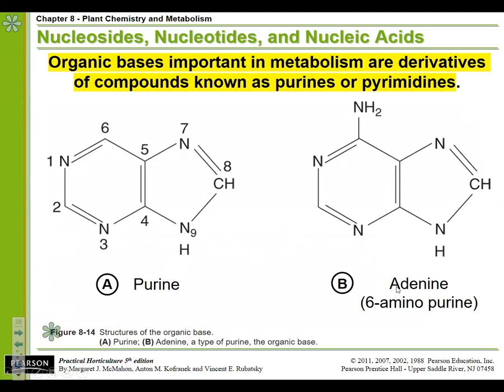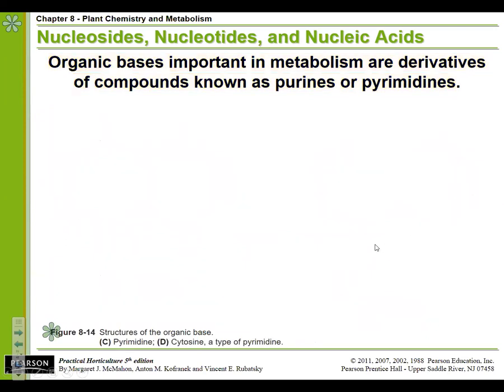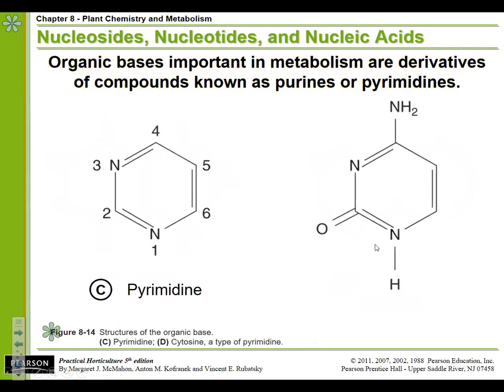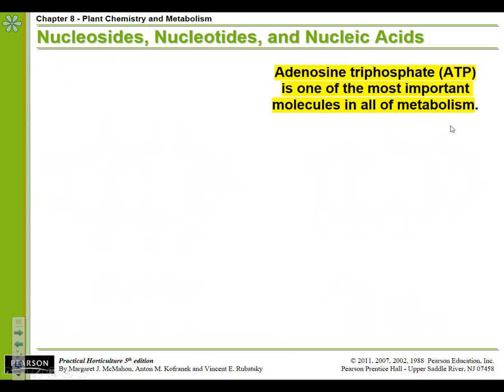On the right, we've got an adenine, which is a 6-amino purine. Here we have a pyrimidine and a cytosine, just different molecular structures. Again, I don't think it's important to memorize them. Just note that the different structures have different properties and are able to be bonded to chemicals differently.